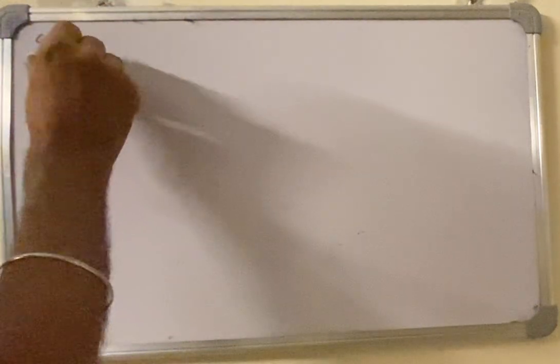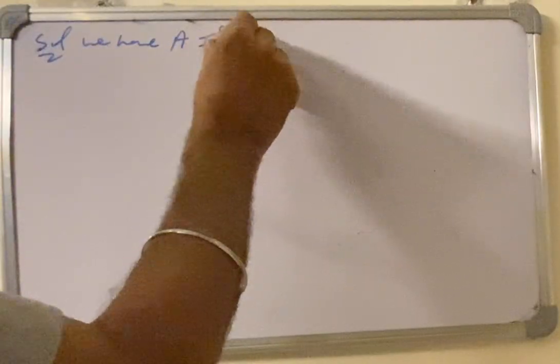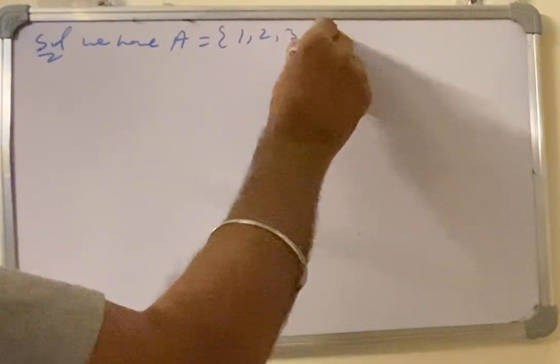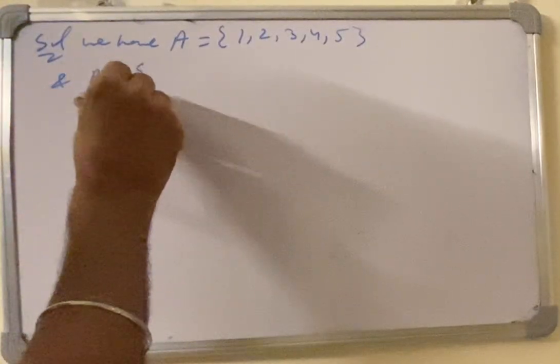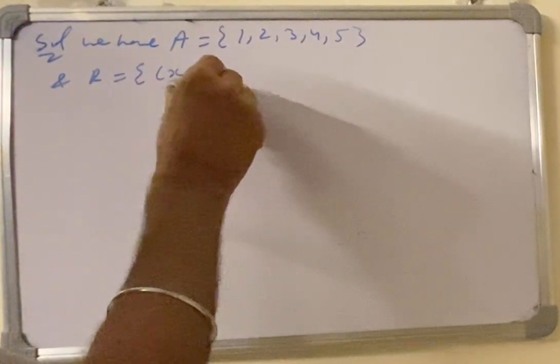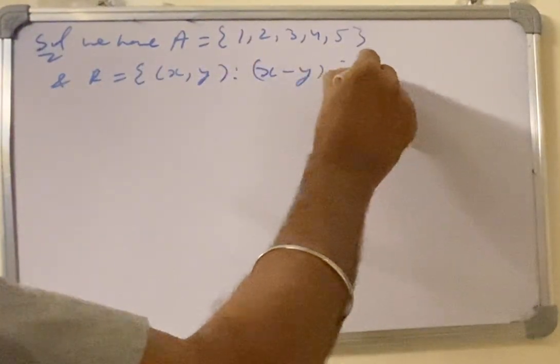Solution, we have A is equal to 1, 2, 3, 4, 5 and R is equal to ordered pair x, y such that x minus y is even.